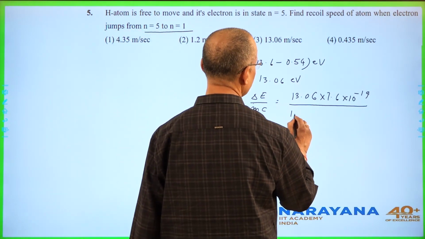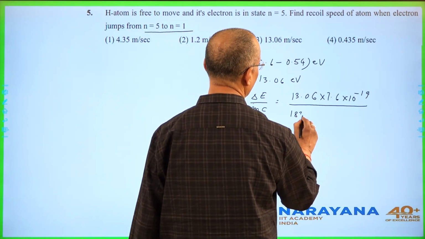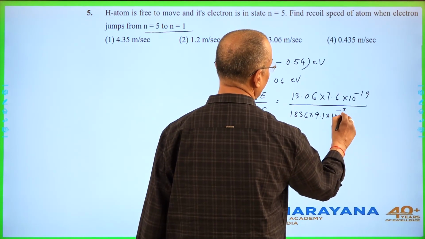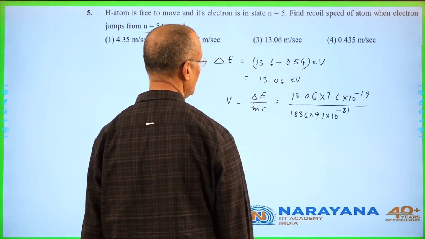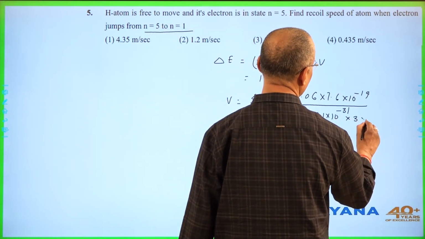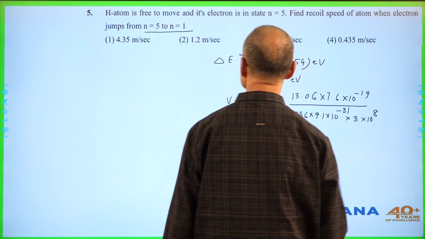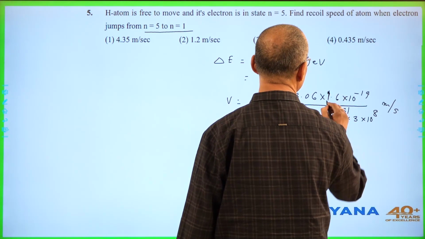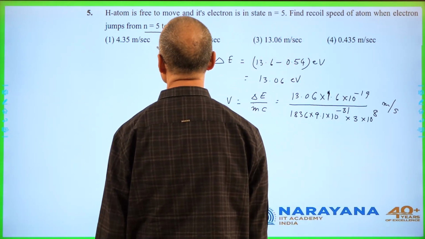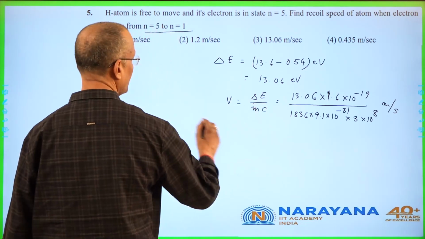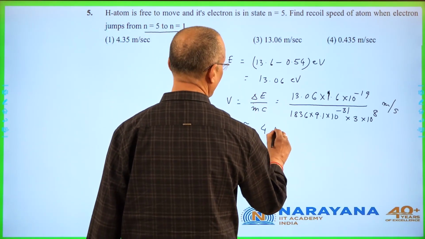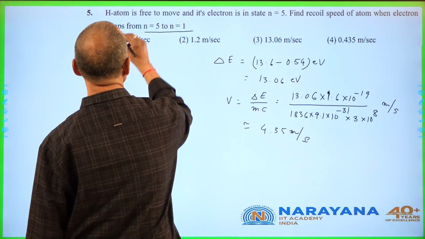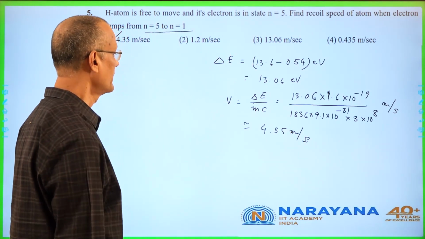So it is 1836 into mass of electron 9.1 10 to the power minus 31, and c you will take 3 10 to the power 8. This will come in meter per second. When you will be calculating, you will be getting nearly 4.35 meter per second. Your answer will be number 1.